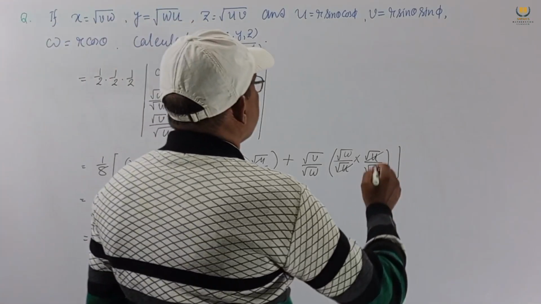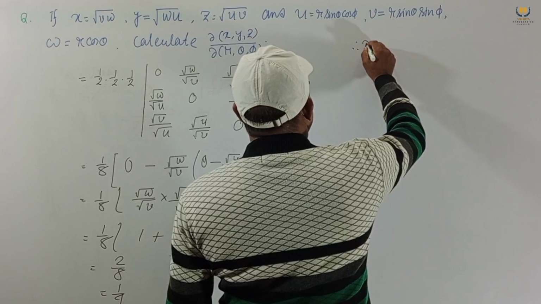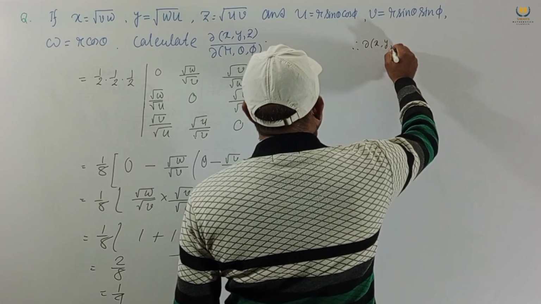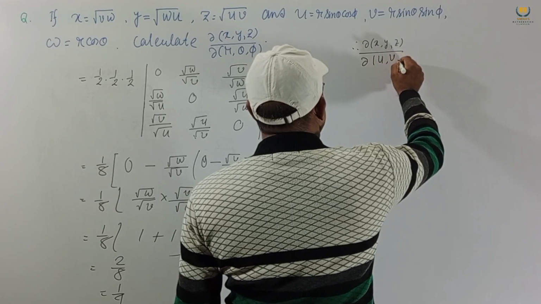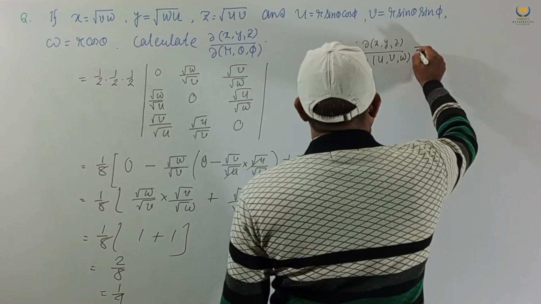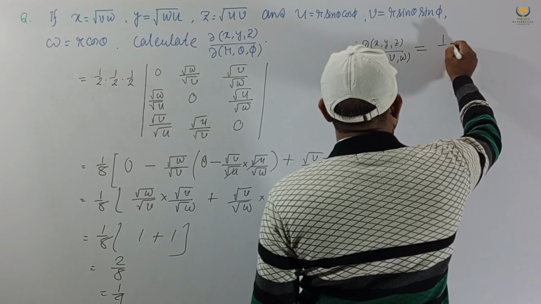So what we get, therefore del x y z by del u v w equals 1 by 4.